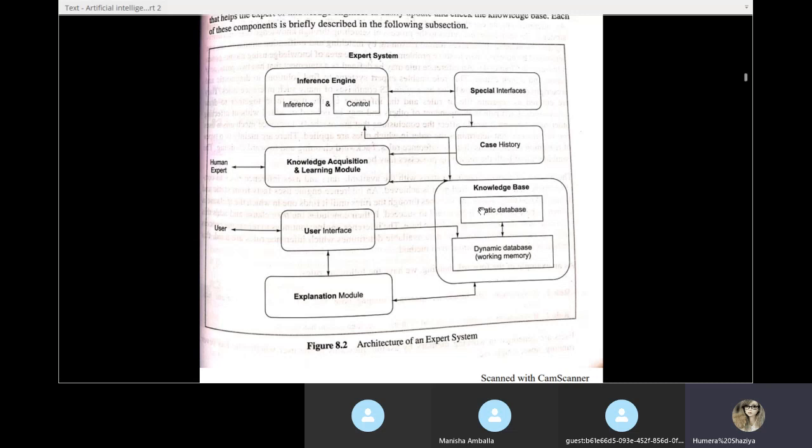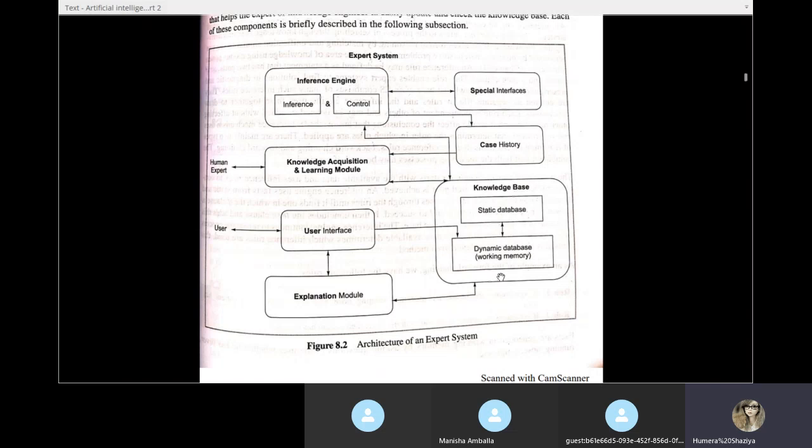In a forward chaining rule based system, case specific data will be included in the working memory. Okay, those are case specific data. Suppose this user's case specific data is included in this working memory.